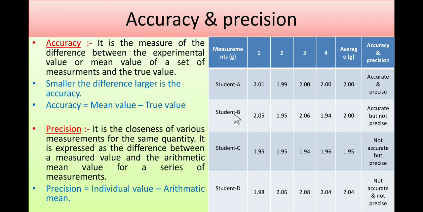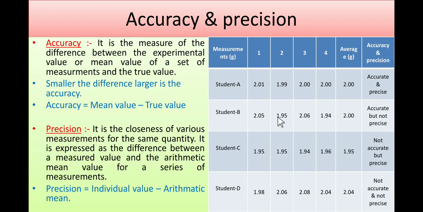Student B gets in his first experiment the first reading 2.05, then he gets 1.95, then again he gets 2.06, 1.94 and 2.00. The average of his experiments is 2.00. Now he is accurate to the true value, but his readings are not precise. Why is his reading not precise?